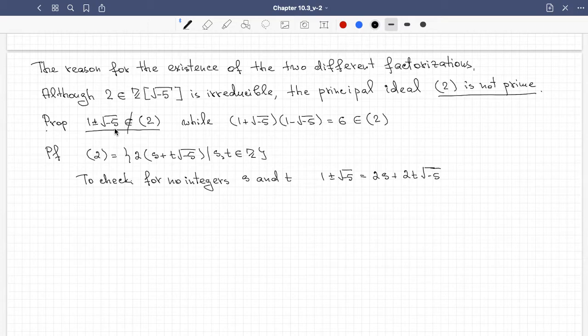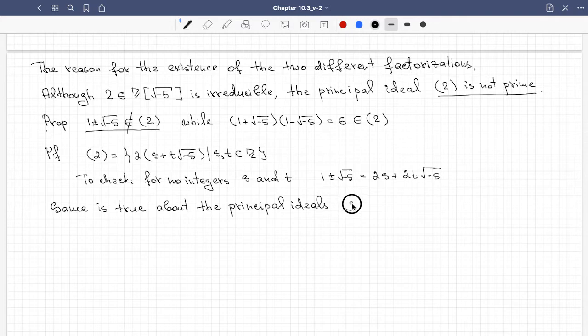The same is true about the principal ideals generated by 3, and these ideals, 1 plus root of negative 5 and 1 minus root of negative 5.